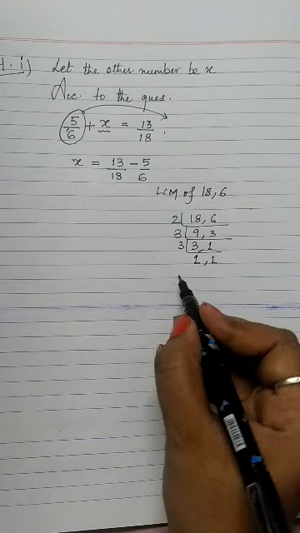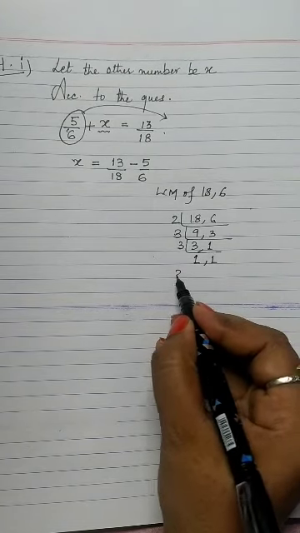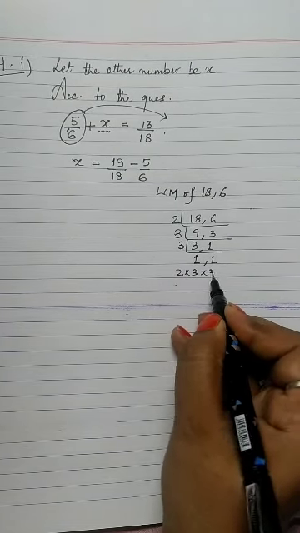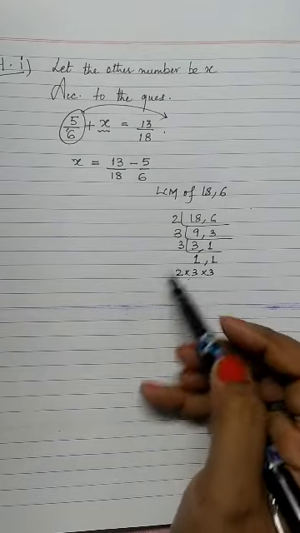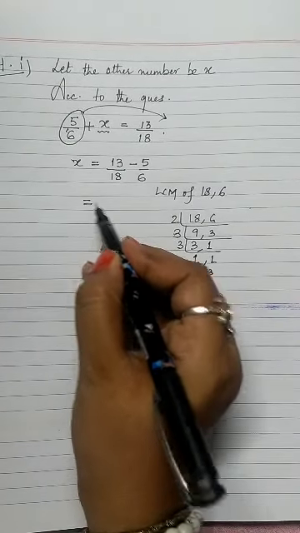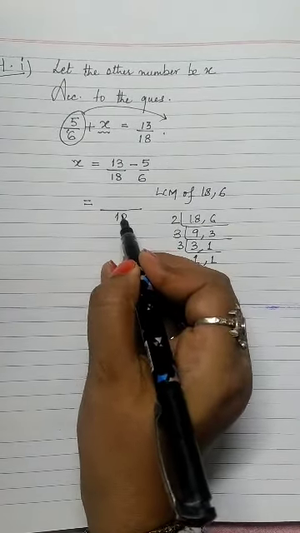So 3 into 3 is 9, 9 into 2 is 18. So 2 into 3 into 3 will give you 18. So we got the LCM as 18.